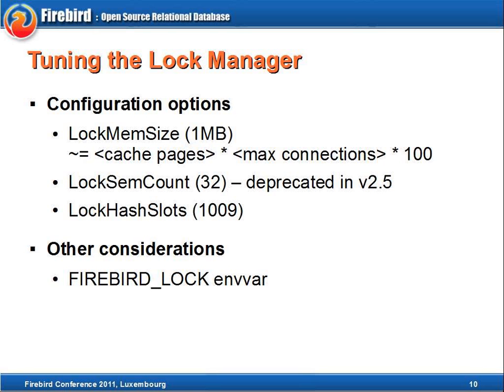If you are running any Firebird version prior to Firebird 2.5, you will also need to increase the number of semaphores that the log manager can use. By default, it's 32 semaphores. If you have problems, usually reported in the Firebird log file as the system being out of semaphores, then you should increase this number.